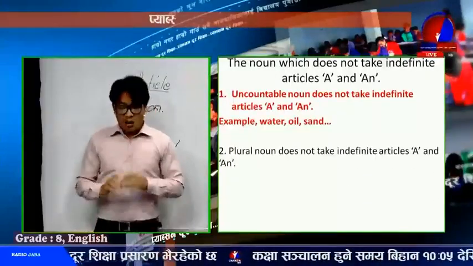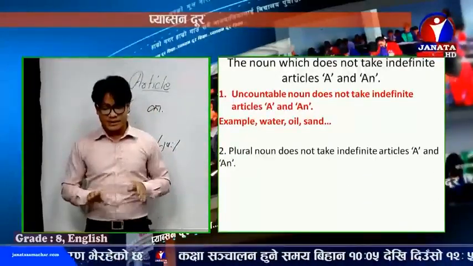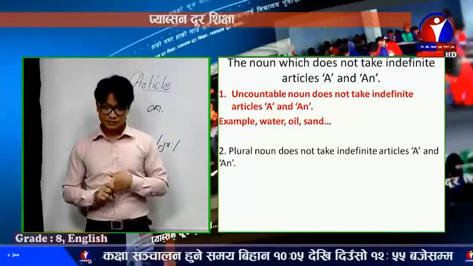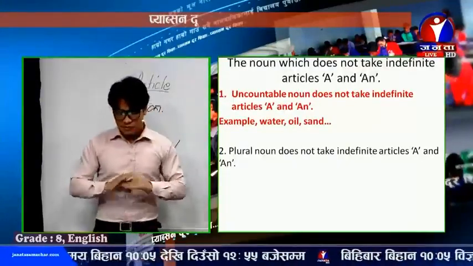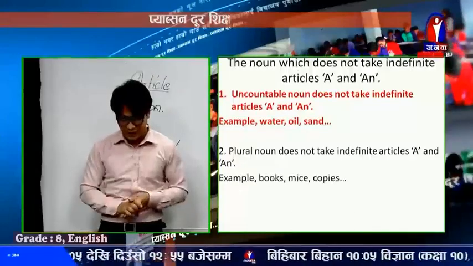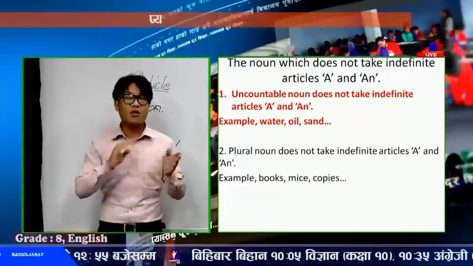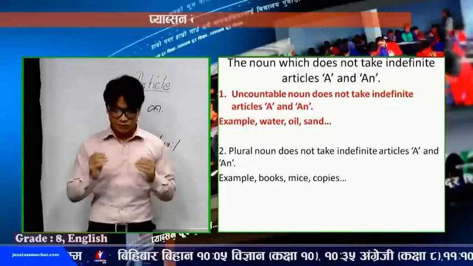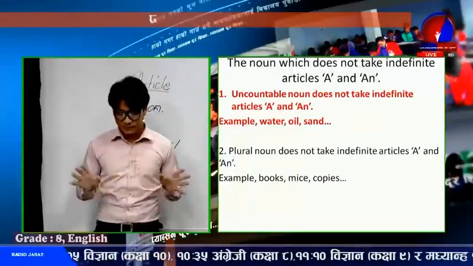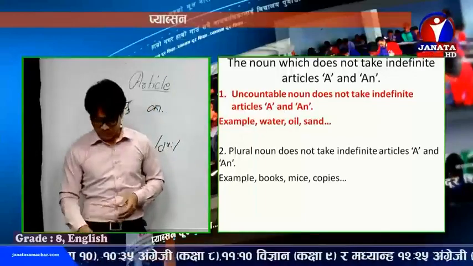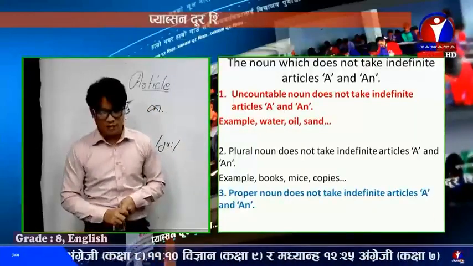Next, plural nouns do not take the indefinite article a or an. Examples are here: books, mice, copies. These are plural nouns, and these nouns do not take the indefinite article. And next is proper noun.